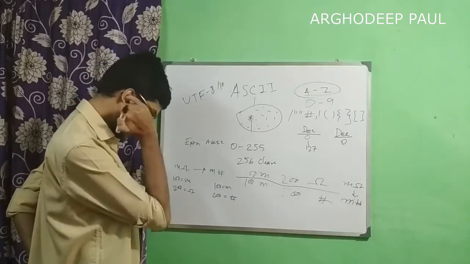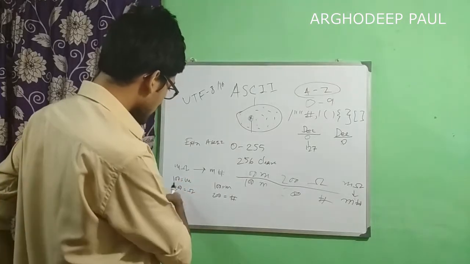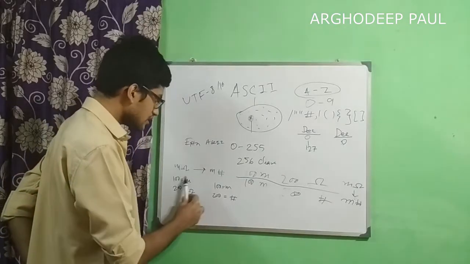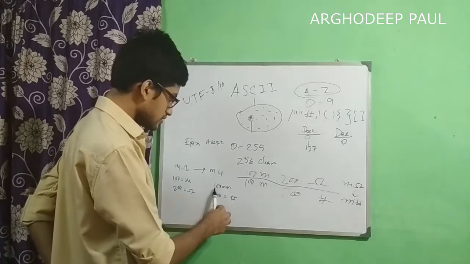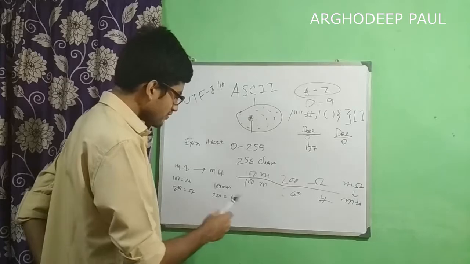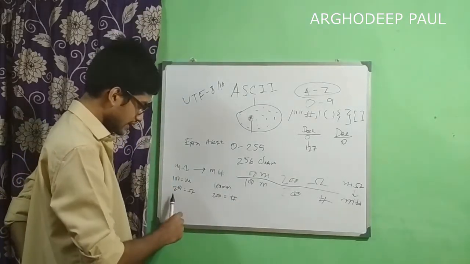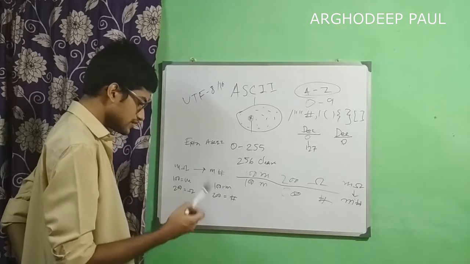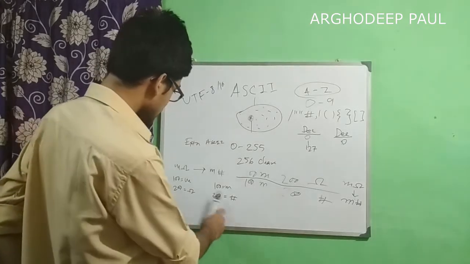I will be sending the binary form of M, which is the ASCII value 100. I will convert the 100 to binary form and send it, which is again converted to the corresponding decimal, and he will get the M value. Again I am sending 200. So 200 will be converted into binary form, and the binary form I will send to him.